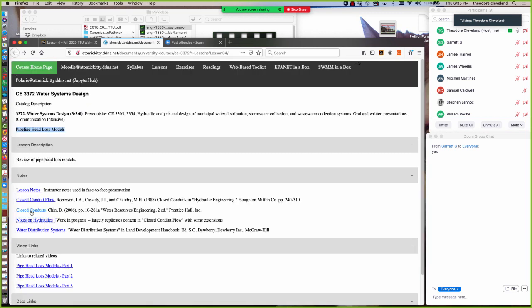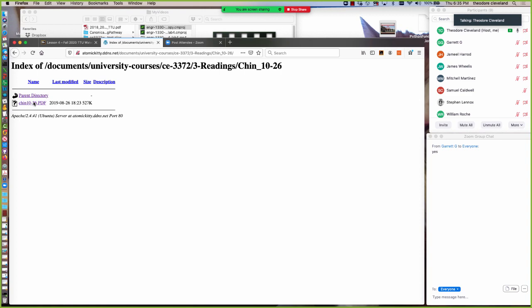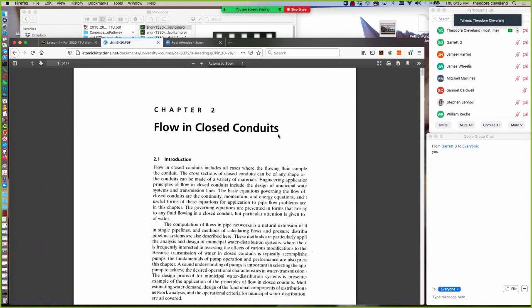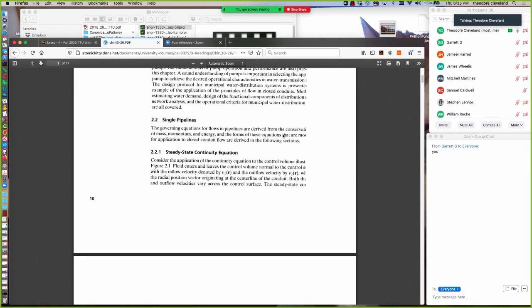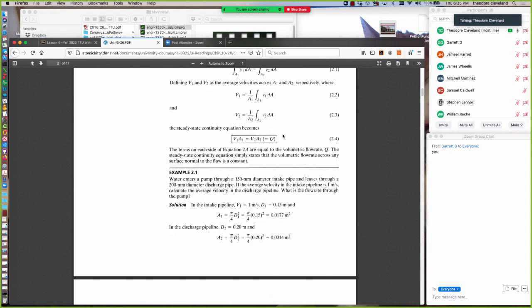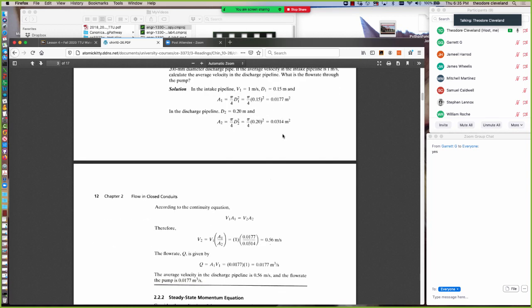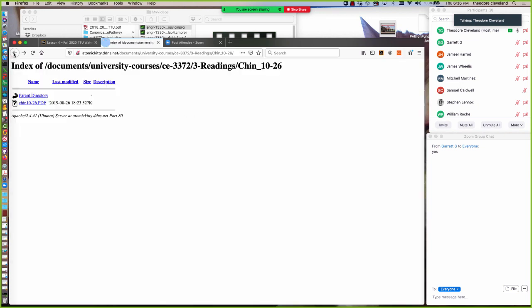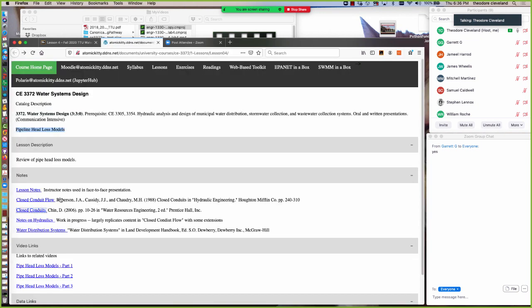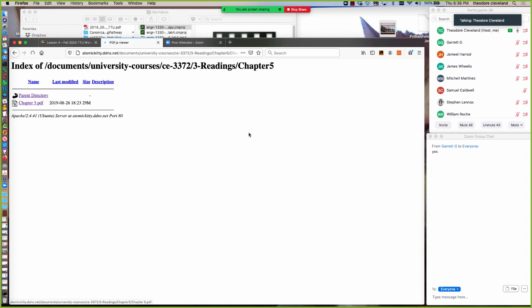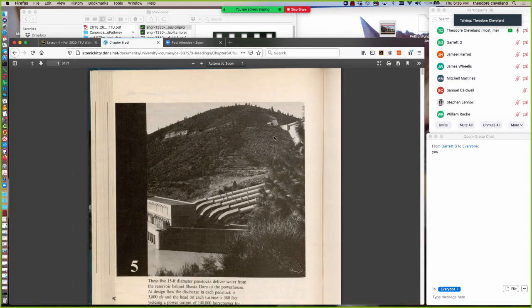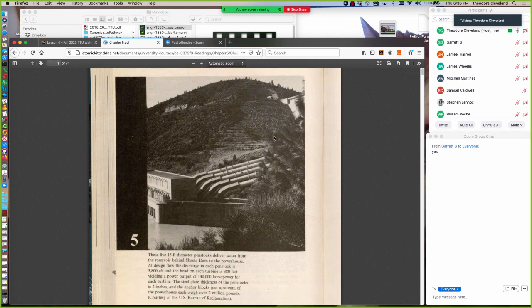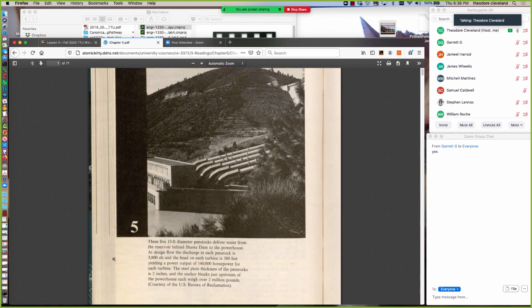And closed conduits from Chin's book, Water Resources Systems, discusses the mathematics and the background fluid mechanics theory for pipeline systems, and I'll leave you to read that at your leisure. And then the last one I have is Chapter 5 from Robertson and Crow, which was my hydraulics textbook in the 1980s.